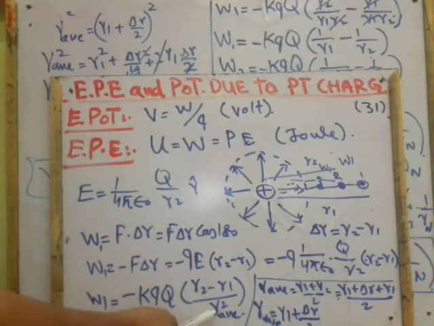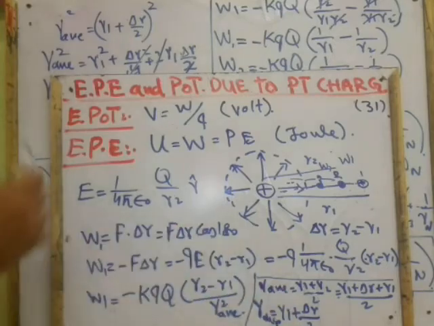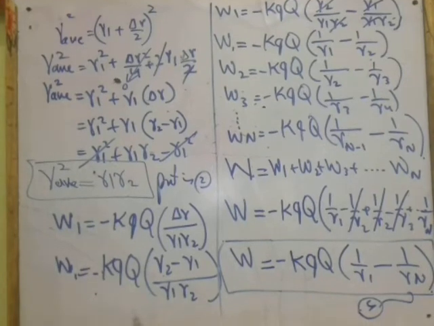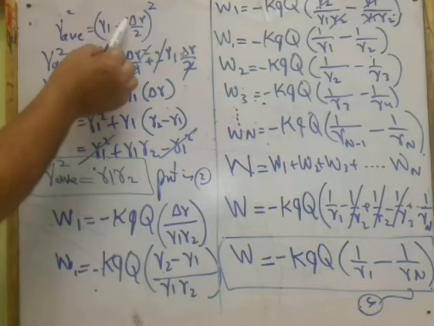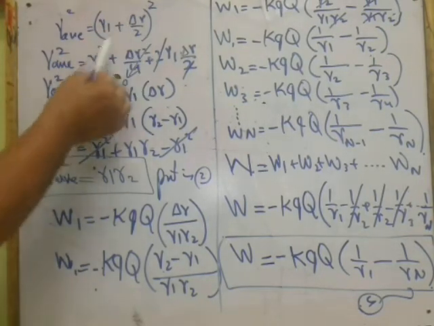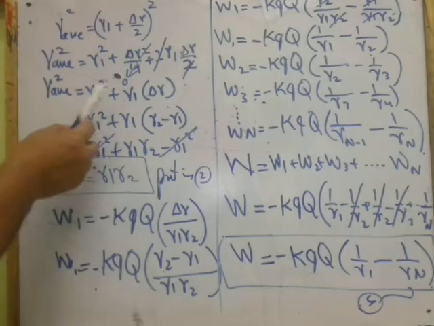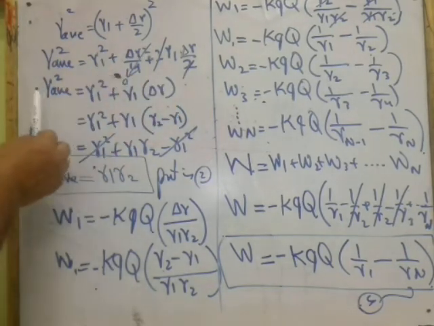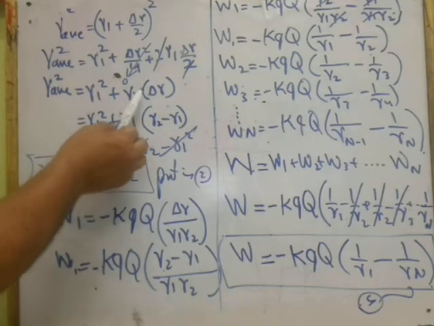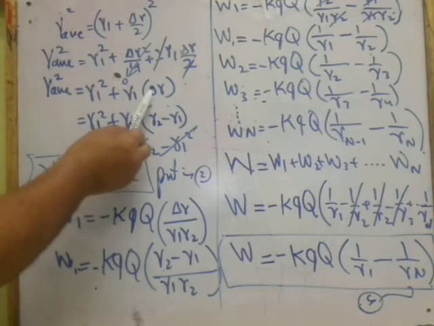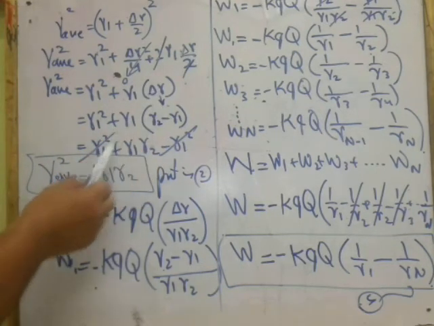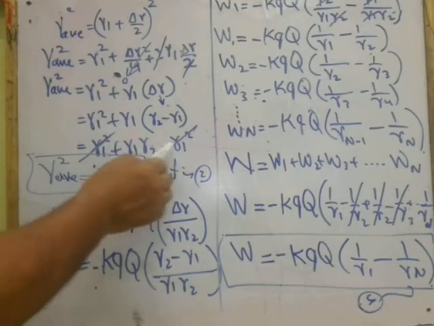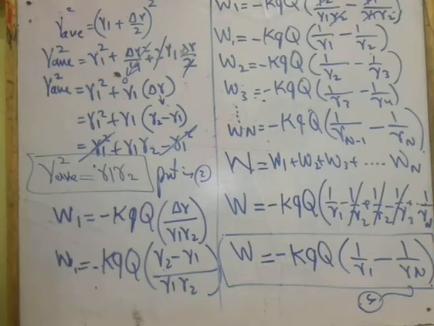As the equation has R square, we take the square of this term, which I have already done to save time. R average square is equal to R1 plus delta R divided by 2, whole square. Expanding this, the terms cancel each other, and R average square becomes R1 square plus R1 into delta R. Putting delta R equal to R2 minus R1, R1 square minus R1 square cancels, and finally we get R1 R2.